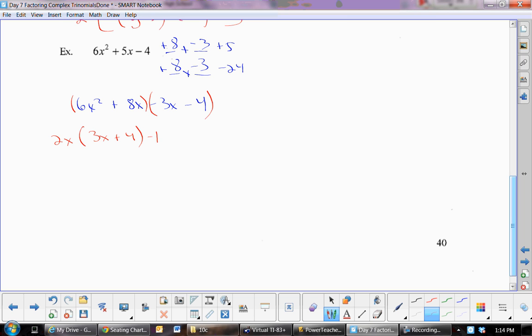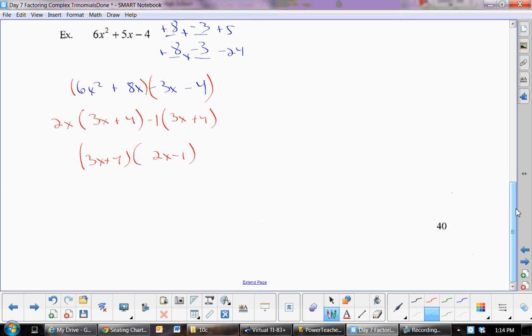Then I take out a negative 1, leaving me with 3x plus 4. Now I can take out the 3x plus 4, and that would leave me with 2x minus 1.